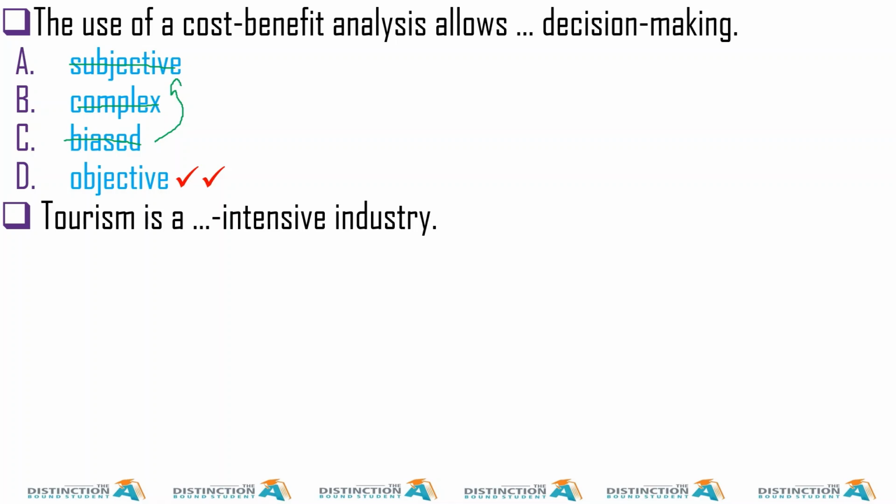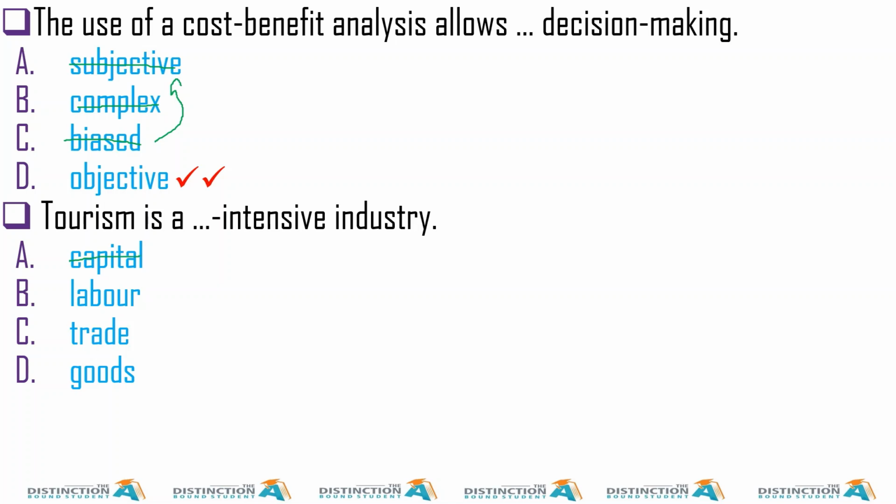All right. Then the next one, tourism. If you don't say labor, I don't know what you're talking about. Tourism is nothing but labor intensive. Just think about it. Think about waiters, think about tour guides, think about drivers. Come on, all those people there in that industry. Go to a hotel, think about room service. Come on, this thing is labor intensive.